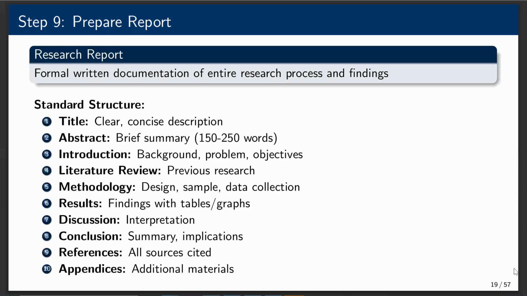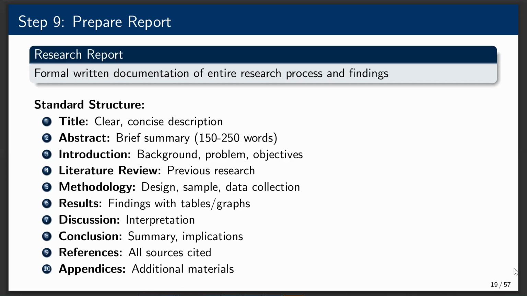Then you should have an introduction. In the introduction you should have background, problem and objectives, and a literature review. You should have previous research, right? Both existing theory and empirical research papers you have to review.